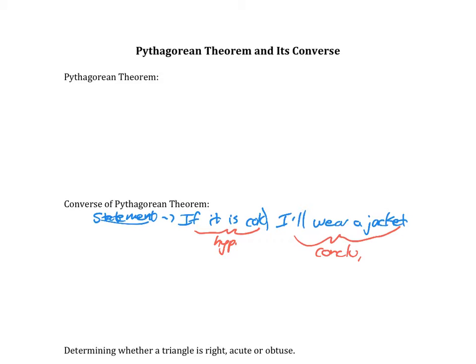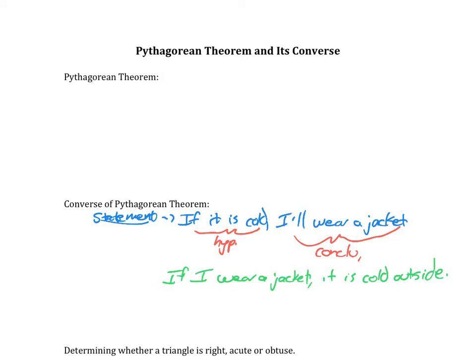A converse of something is switching the conclusion and the hypothesis. So the converse of this would be if I wear a jacket, it is cold. You can add outside here if you want.